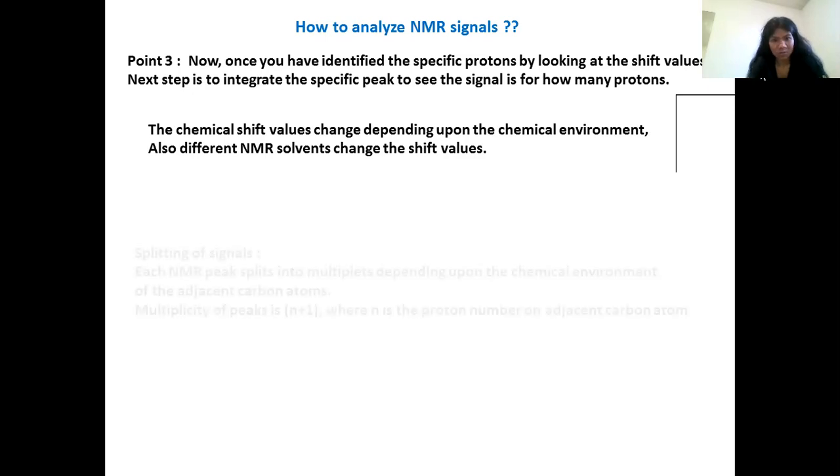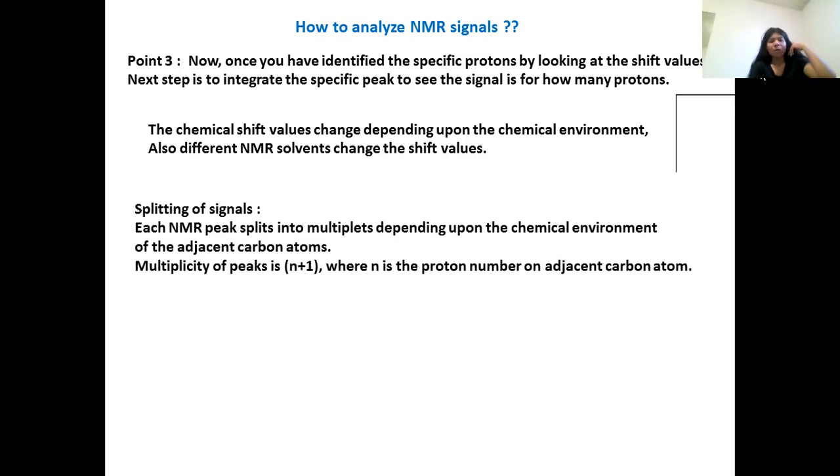Now each peak splits. It will not be a single peak; it will generally be a multiplet. It can be a singlet, doublet, triplet, even up to sextet, or a multiplet.